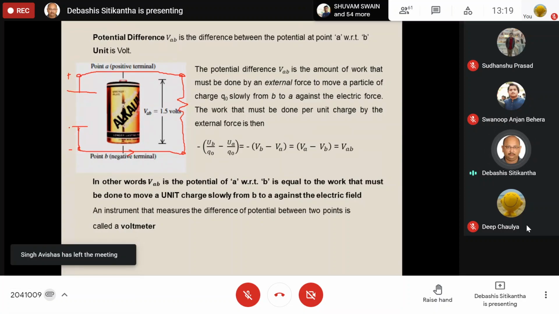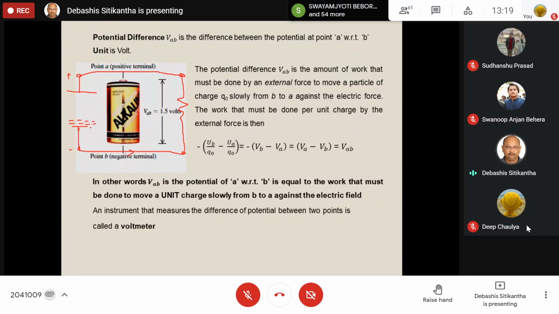Obviously, when a lot of electrons are accumulated on the side of the negative terminal, naturally this negative terminal is flooded with negative charges, and the positive terminal, the positive anode, is flooded with positive charges. Inside this cell there are some chemicals interacting with each other, a chemical reaction which is going to separate the positive charges from the negative charges.